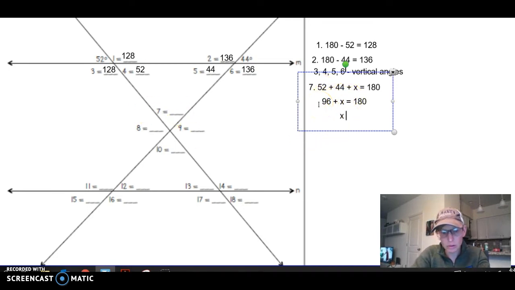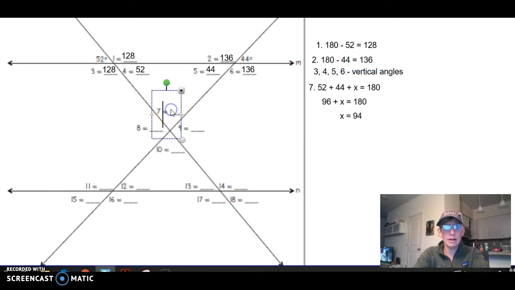It's 0. So all I'm left with is x equals 180 minus 96, and that's going to be 84. Let's try that again. That's going to be 94. Excuse me. And so that's going to be the angle measure for angle 7.